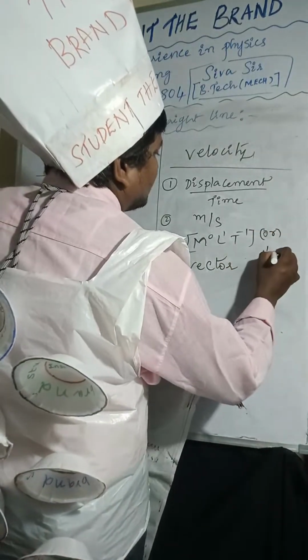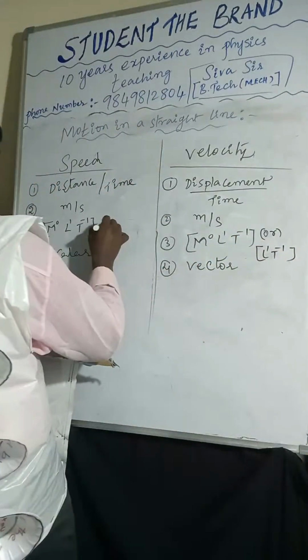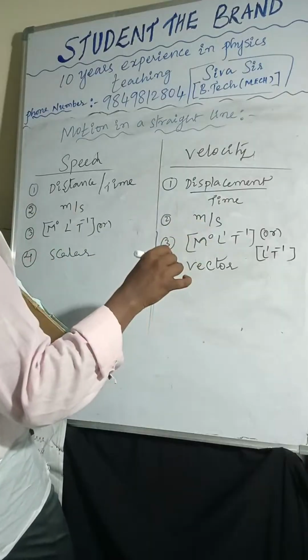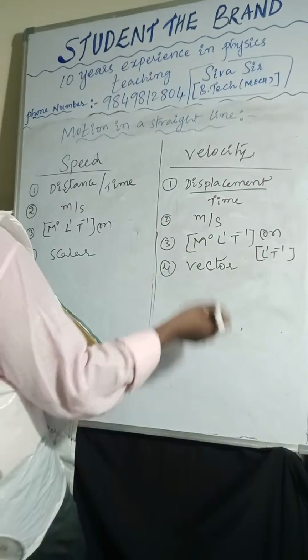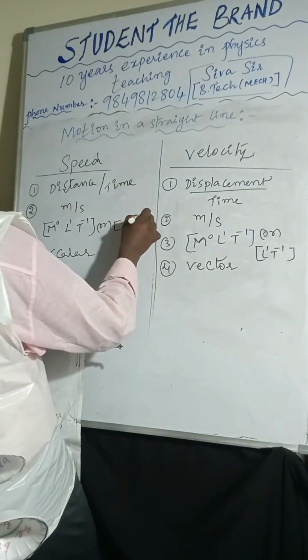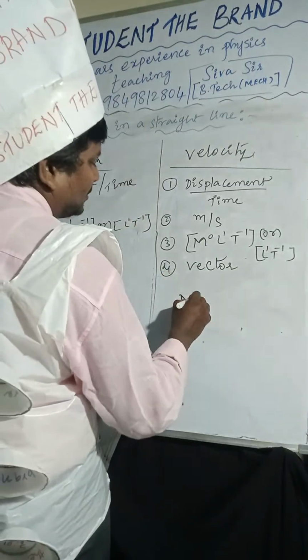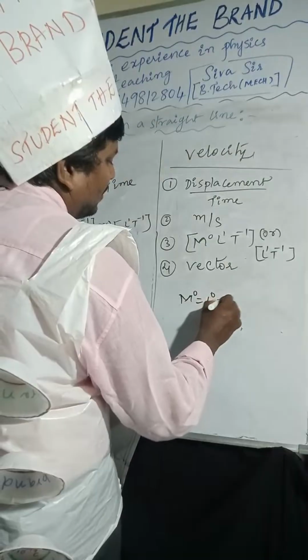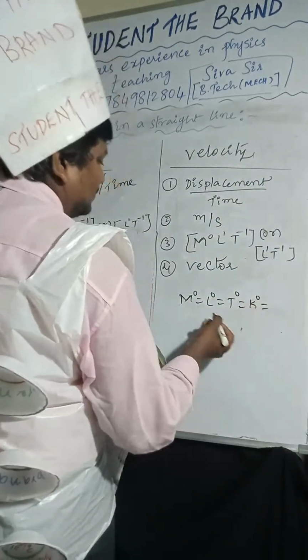We can also write this one in this format. Actually, they will give it with the three-dimensional system of fundamental quantities. Sometimes they will give it like this also. Mass is there anyway. M power 0, L power 0, T power 0, K power 0, like so many.